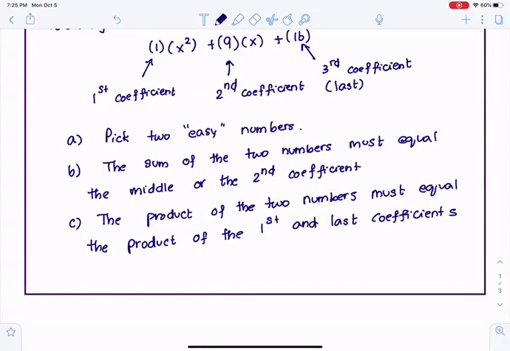And a word of caution, this is pretty much a trial and error based approach.